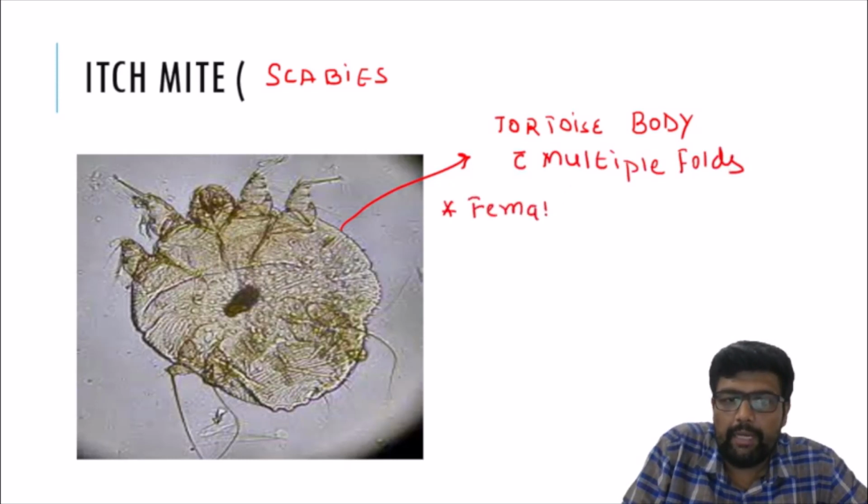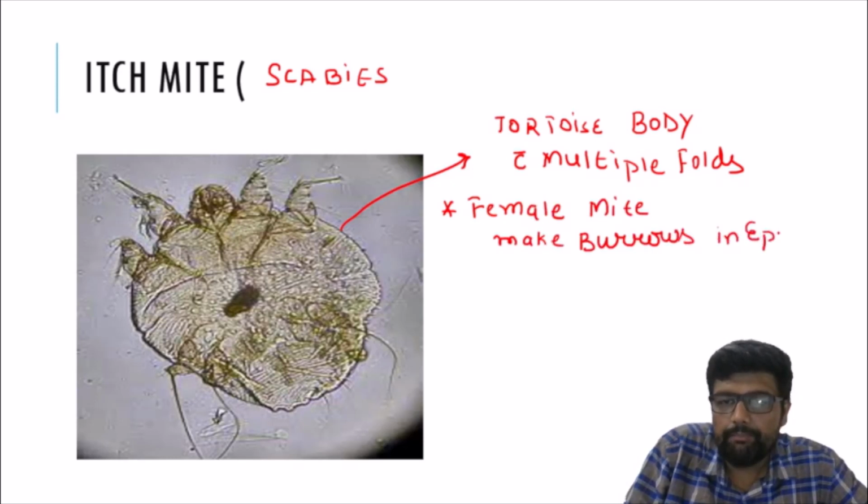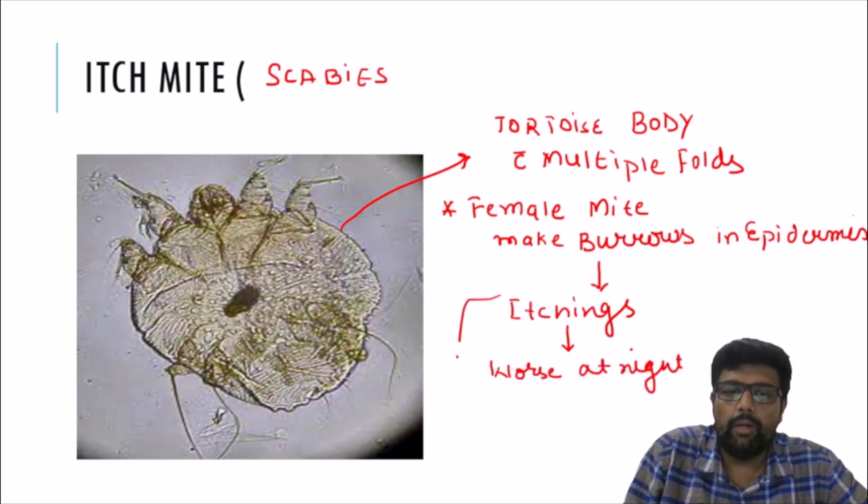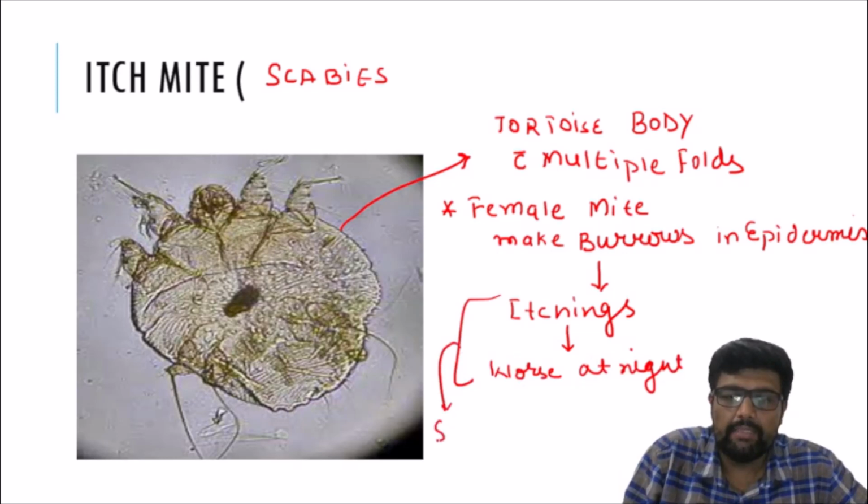Female mite makes burrows in epidermis, and because of this, patient gets intense itching, especially worse at night. So what is this? This is scabies.